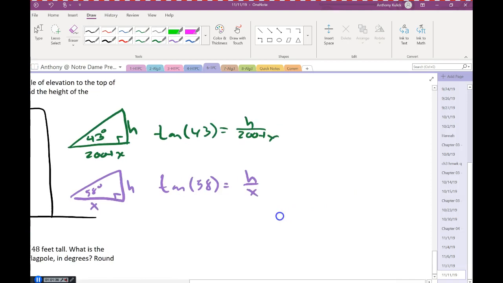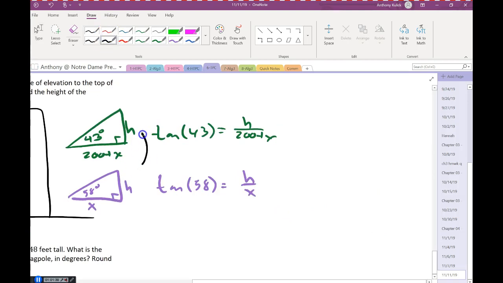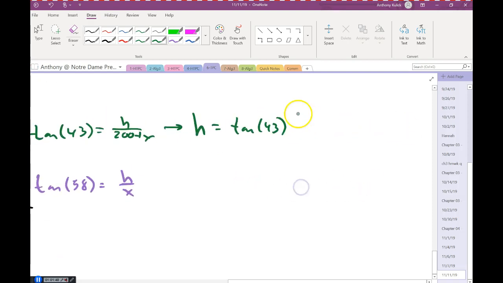And now I'm going to solve this system with substitution. So I'm going to get this h by itself, and I'm going to get this h by itself.